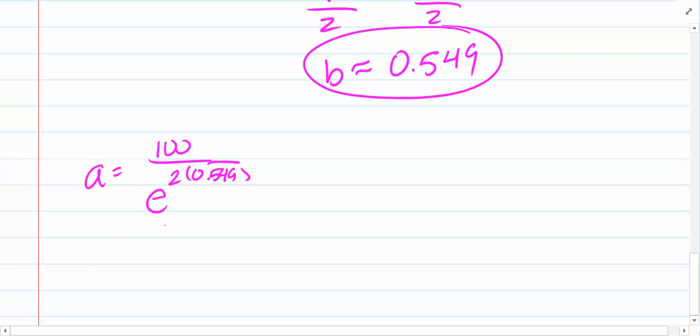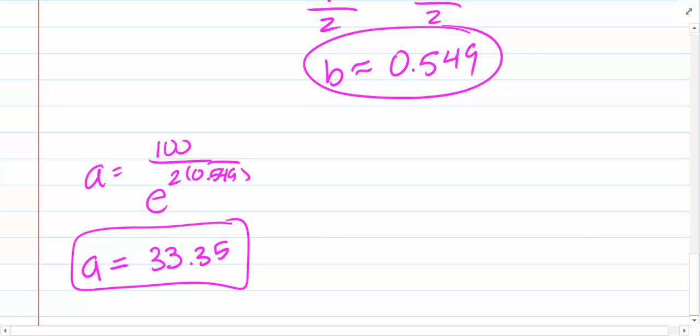Okay, guys, help me out. What is a approximately? Nelson's got 33.35. Can we back him up there, everybody? Theo backs it up. Okay, good. So we had about 33 whole flies to start with.